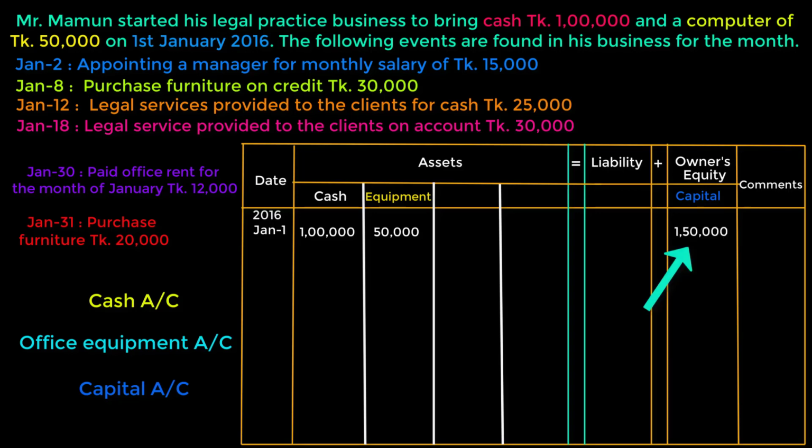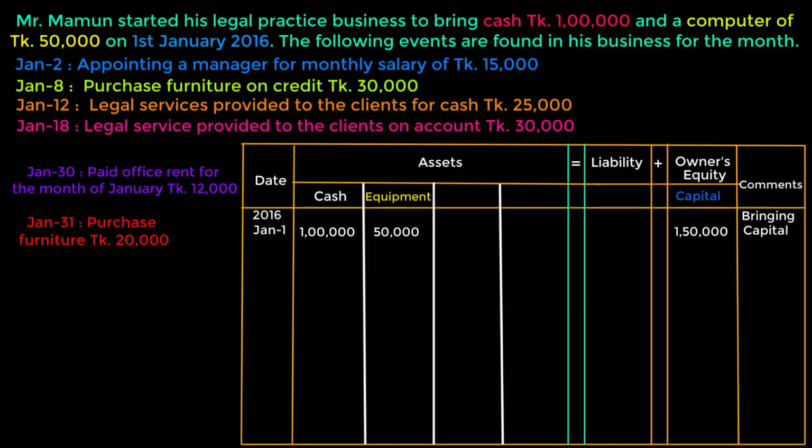See, this capital is related to owner's equity. Therefore, we will write here in this comment column bringing capital. Now we will draw a line like this so that we can write the balance of this date like this.